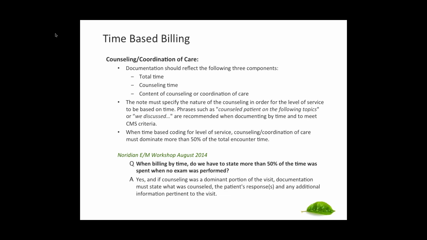So just that in itself, with all this information documented, may very quickly switch it to a level 3, meeting that 15 minutes, but not quite the 25 minutes needed for that 99214 if it wasn't established in the office. So the counseling and coordination of care is super valuable, and there are many specialties that spend a majority of their follow-up visits just doing this. And there's not a distinguishment of which specialties can and cannot use it.